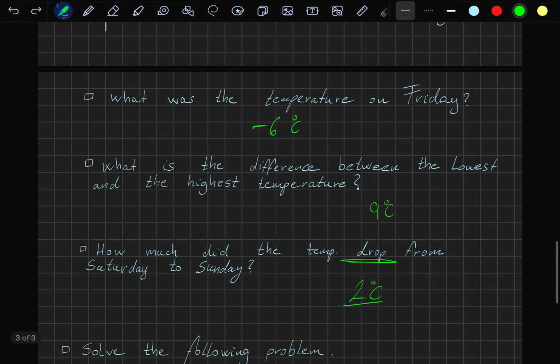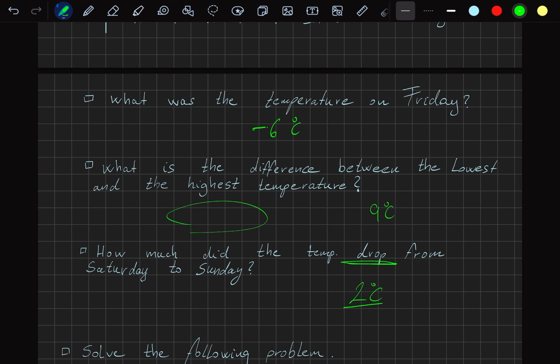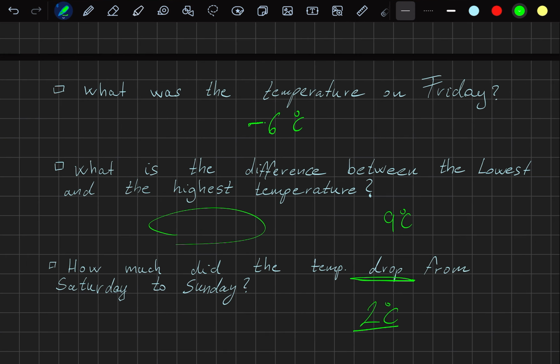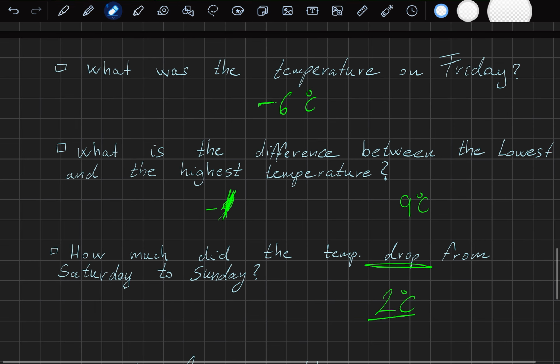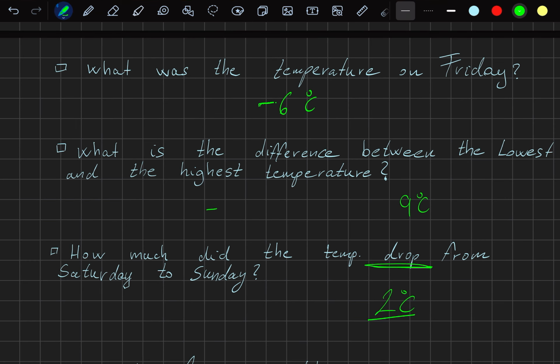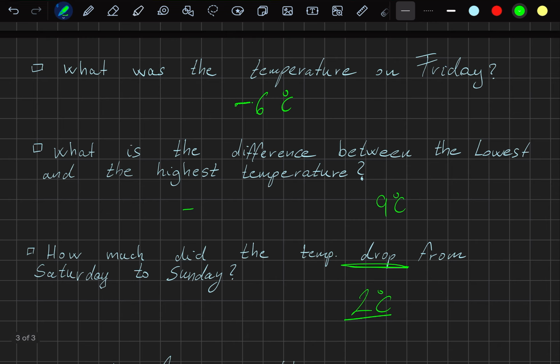And also back to here, what is the difference between the lowest and the highest? There was a problem in an IGCSE exam and they accept the -9 and the +9 too, so this is why I said you can use both of them.